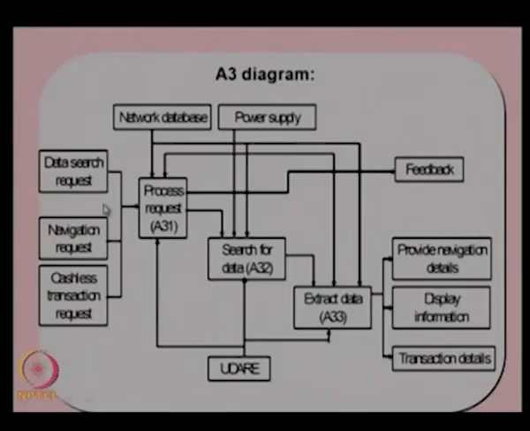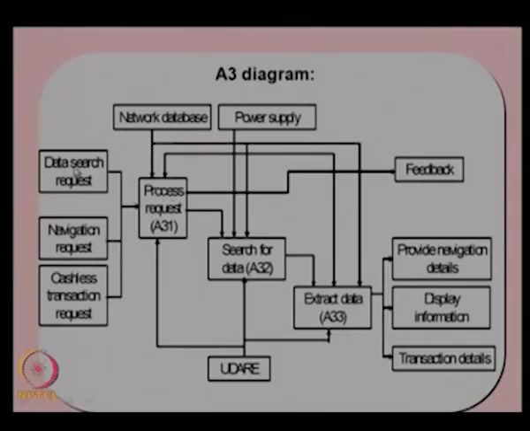Here you can see this A3 function has many sub functions: process request, which processes the request received from the customers or the users, and then search for data based on the request. The data will be searched for the requested information, and then it will be extracted and provided to the provide service function. So, these are the 3 sub functions of the A3 function, and that is the level 1 diagram.